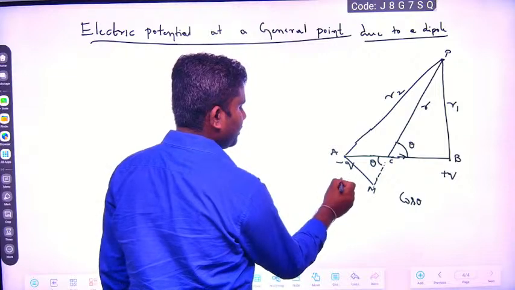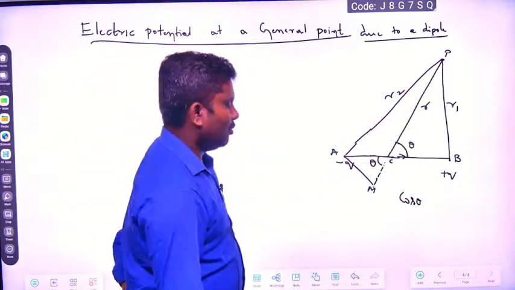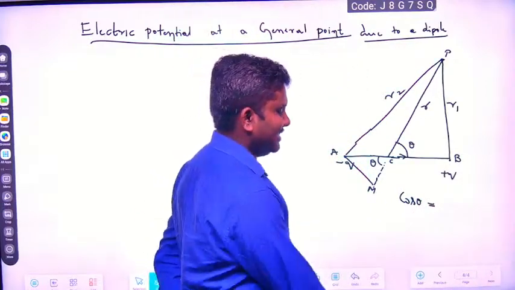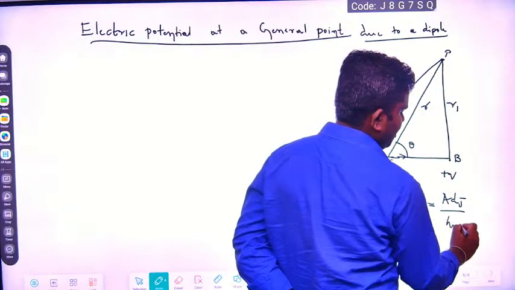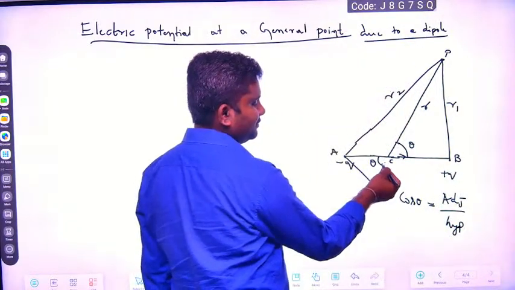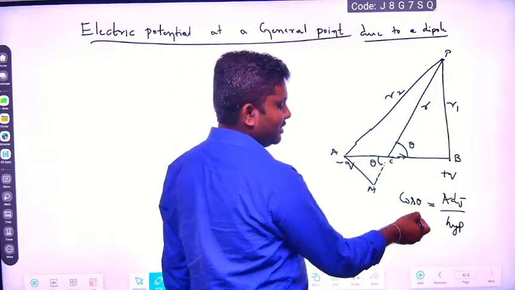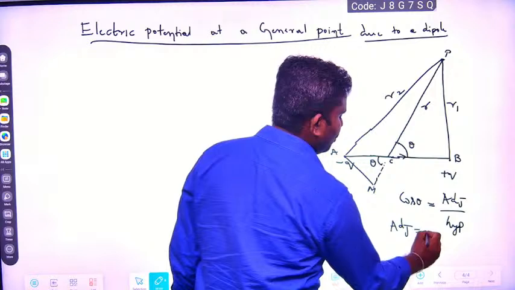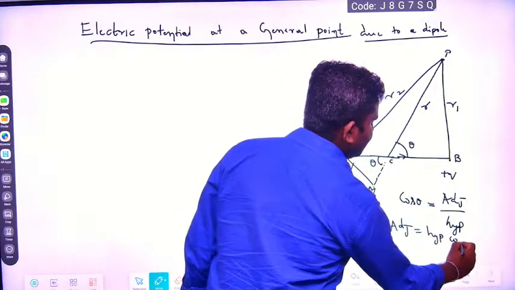Now, can you please tell what is cos theta? Adjacent divided by hypotenuse, right? Which is the adjacent line here? This one, right? So adjacent is equal to hypotenuse times cos theta.